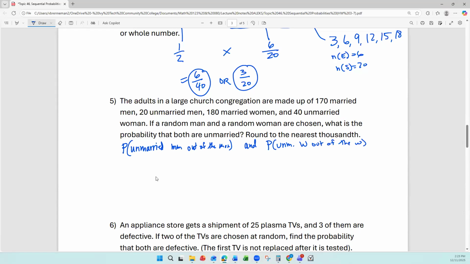So this is not choosing two people out of the whole congregation. It's choosing one person out of the men, one person out of the women.